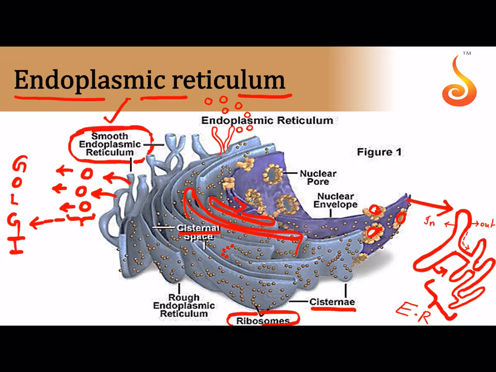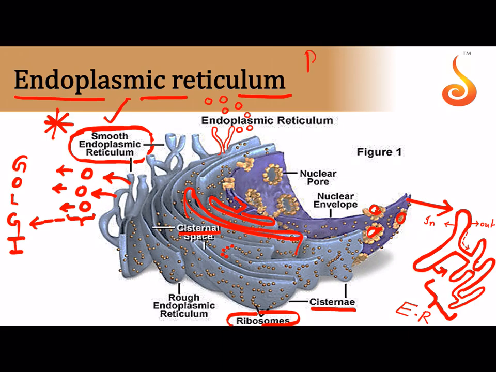Endoplasmic reticulum, especially the smooth endoplasmic reticulum, is involved in detoxification of drugs in our liver. It is involved in steroid and lipid synthesis, and it also acts as a bridge between endoplasmic reticulum and Golgi complex. Another important thing is the rough endoplasmic reticulum, which has ribosomes in it, is the site of glycosylation.